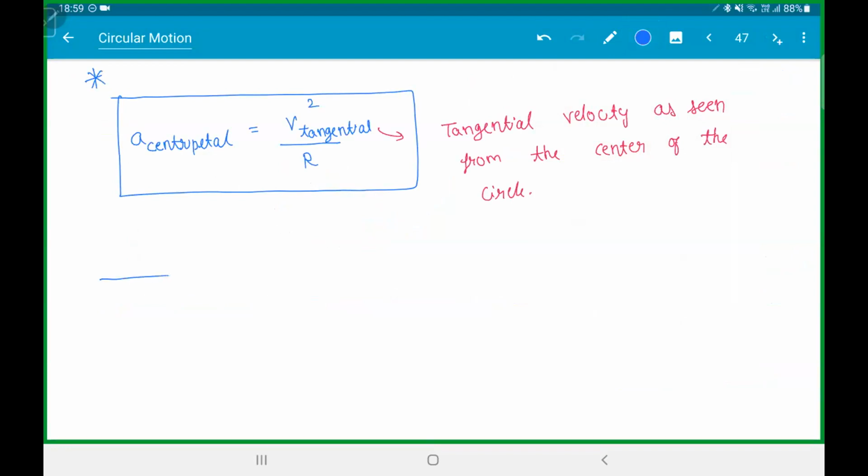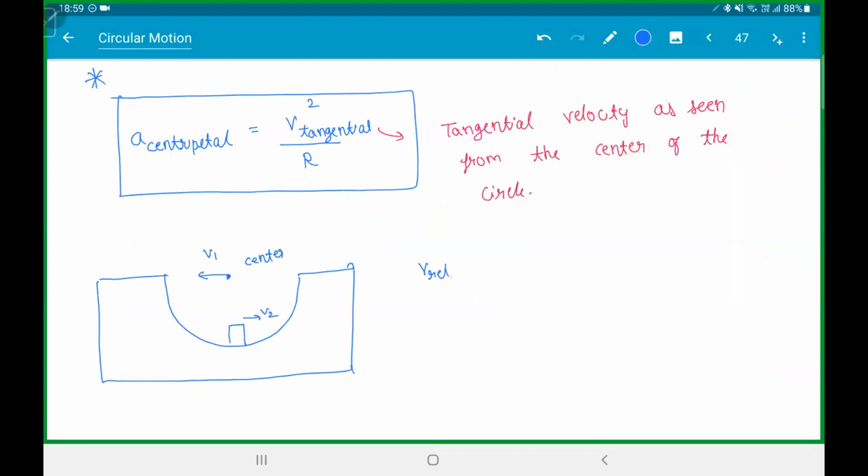But now the center is moving. So this center which we have is actually going back with V1, and this block is going with V2. So V relative is V2 plus V1. So the centripetal acceleration is V1 plus V2 whole square by R.